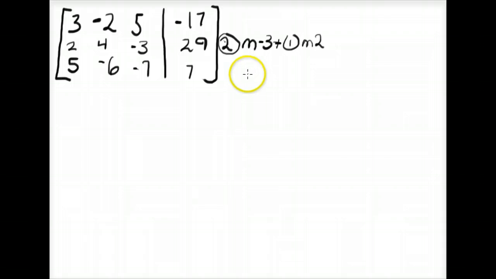At the same time, we can also eliminate a second variable with 2 other rows, and we're going to do that by multiplying row 3 by -3, and then adding row 1 multiplied by 5. So that is going to allow us to eliminate another variable.